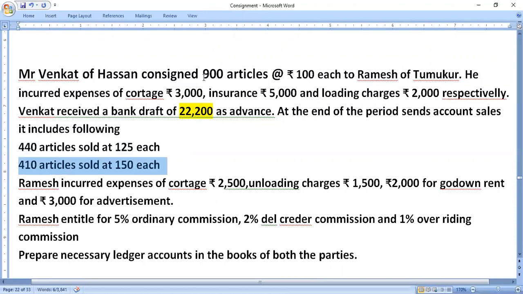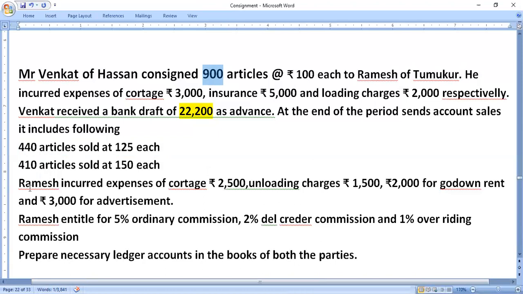Listen carefully: out of 900, 440 plus 410 is 850 articles sold by Ramesh. The remaining 50 unsold is nothing but closing stock.